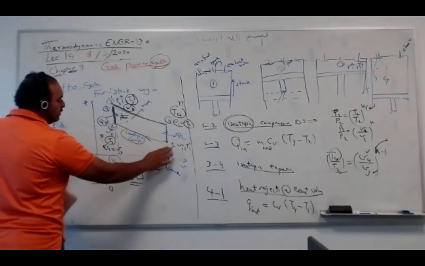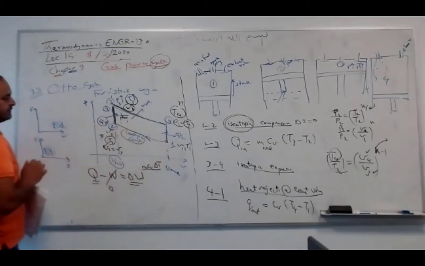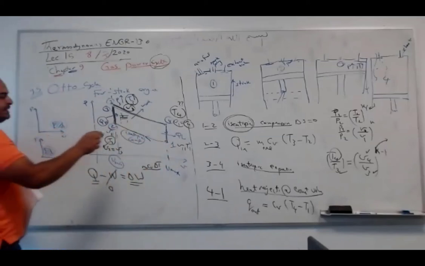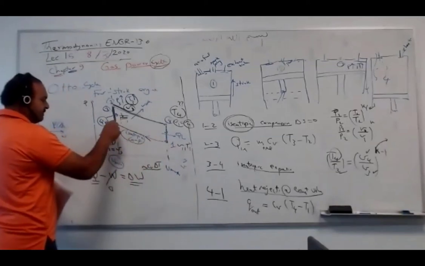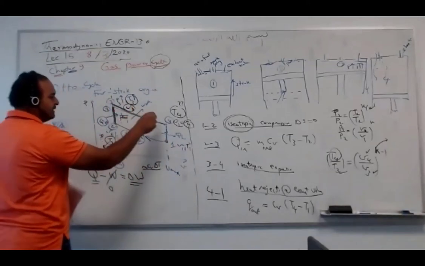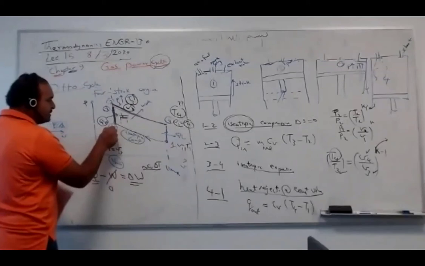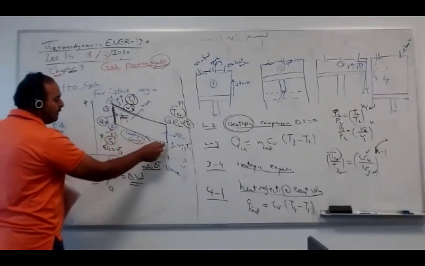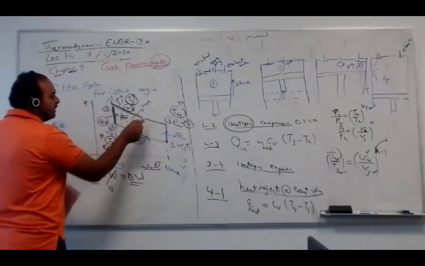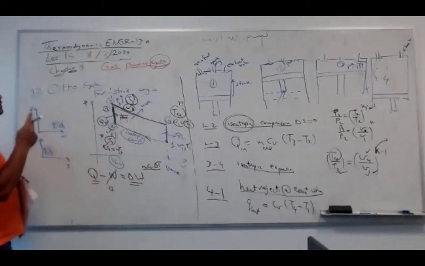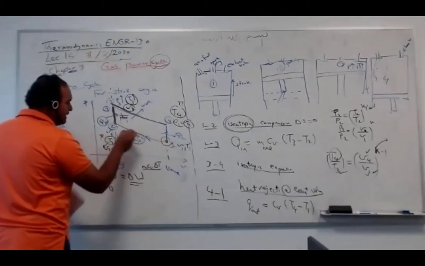If you have 3 pieces of information, you can get the fourth. So the ideal gas law applies to each state. Between states we can apply the isentropic relation, only 1 and 2, and only 3 and 4. The isentropic relation is between 2 states, state 1 and state 2.